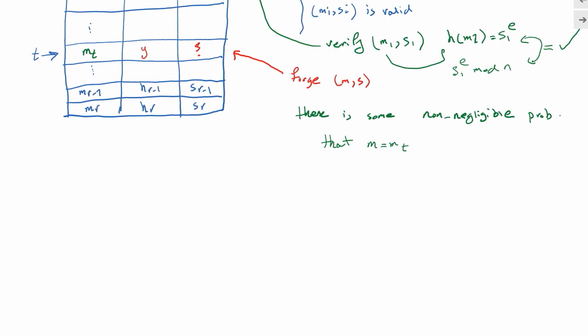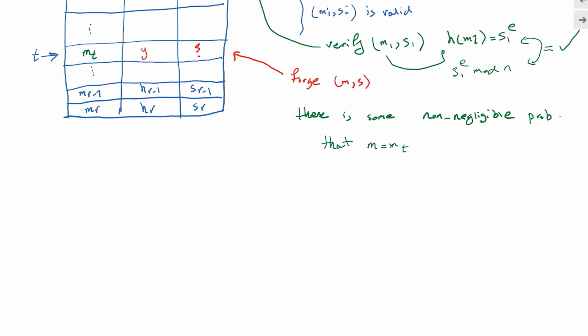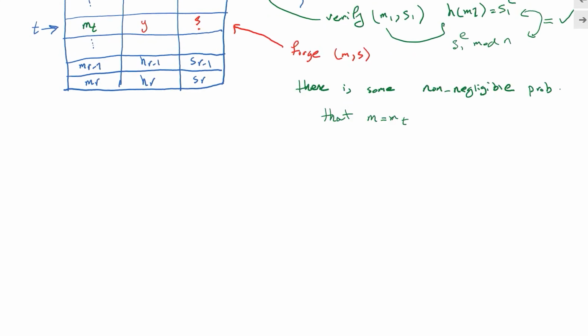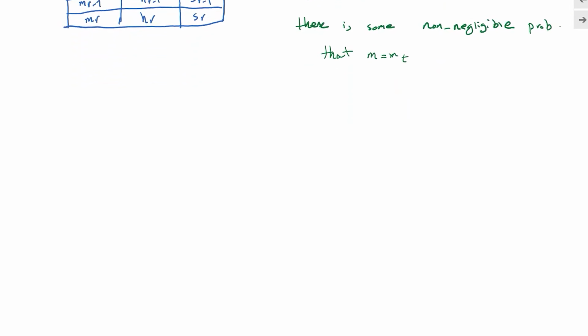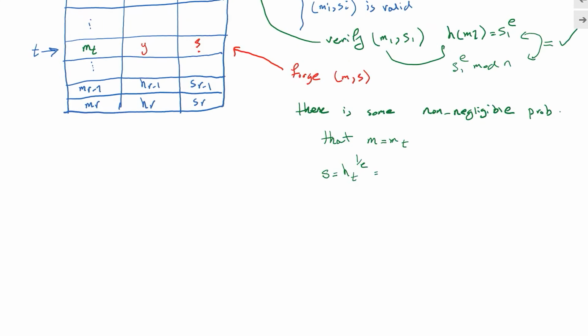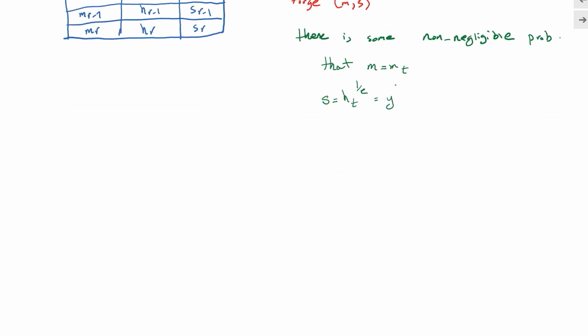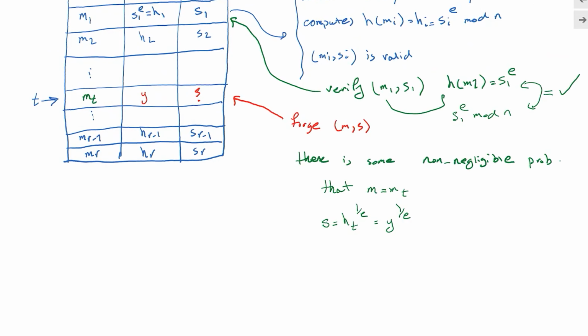The message that the forger would at the end provide us as a forgery is this M_T that he queried the hash function on before, and the S that he provides over here, the signature, is exactly the eth root of the hash function output. We let that be Y, so S is the eth root of our Y, right? Exactly the answer that we were looking for.